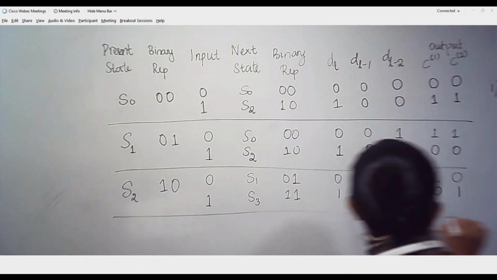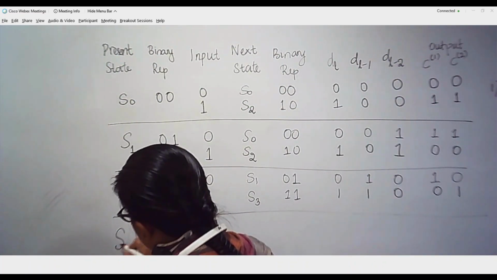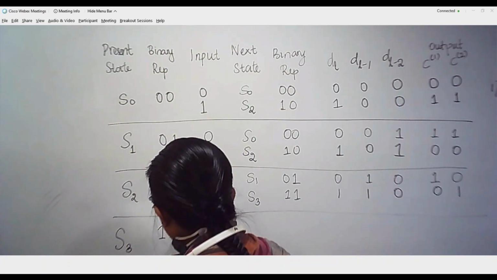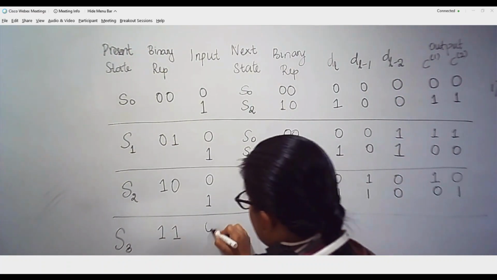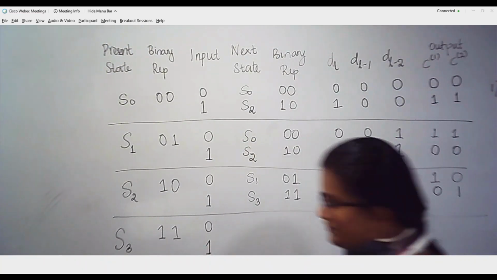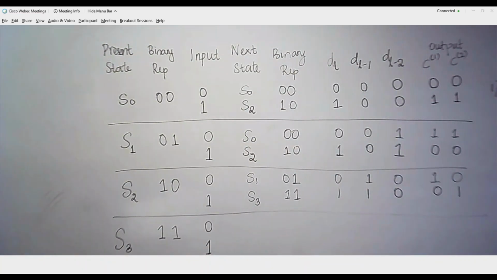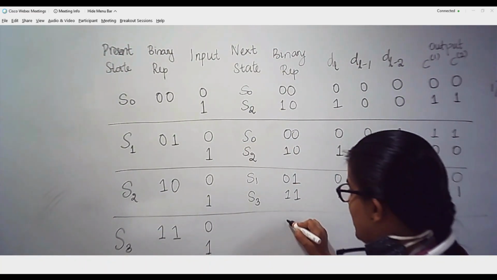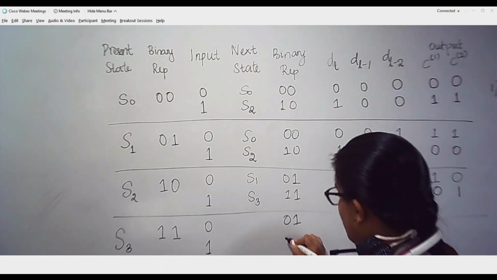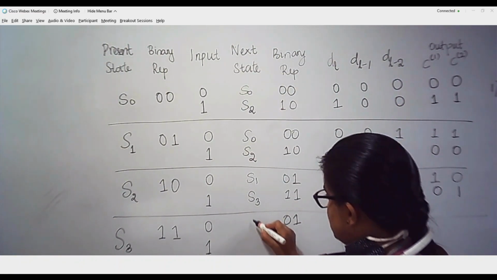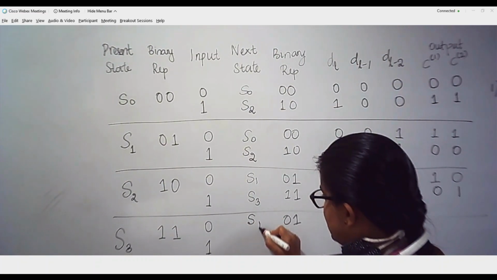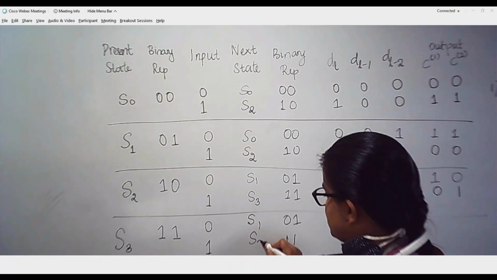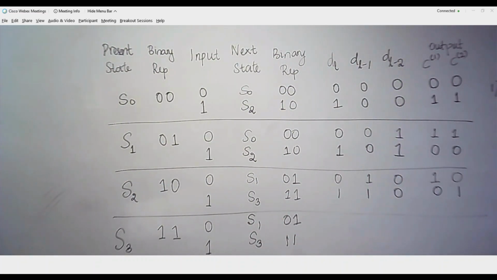Last state, S3, it is 1, 1. The transition will happen to 0, 1, 1, 1 again. So this corresponds to the state S1 again and this corresponds to the state S3.